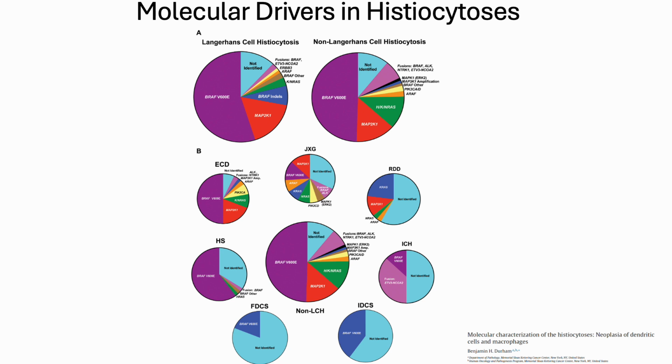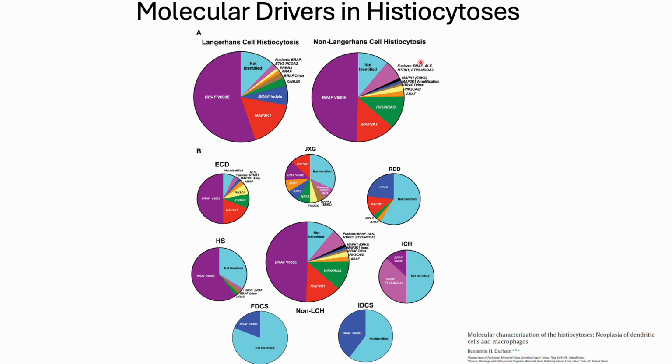So I just wanted to touch briefly on histiocytoses, and that's because there's been a lot of exciting progress in understanding the molecular drivers underlying histiocytic neoplasia. I can't possibly go into all of this in much detail, but this pie chart shows Langerhans histiocytosis, and you can see that about 60% of it has a BRAF V600E driver.